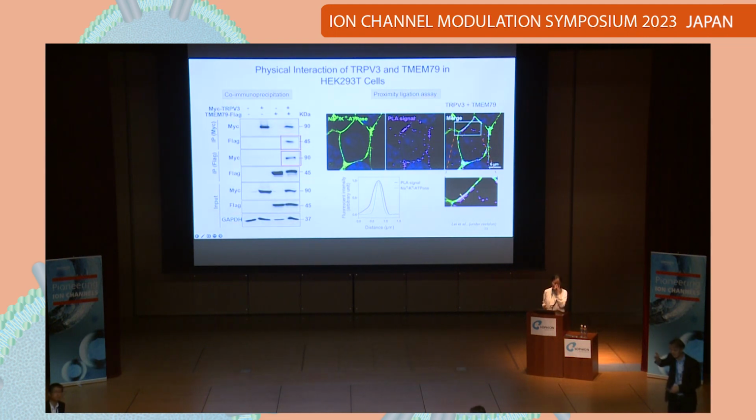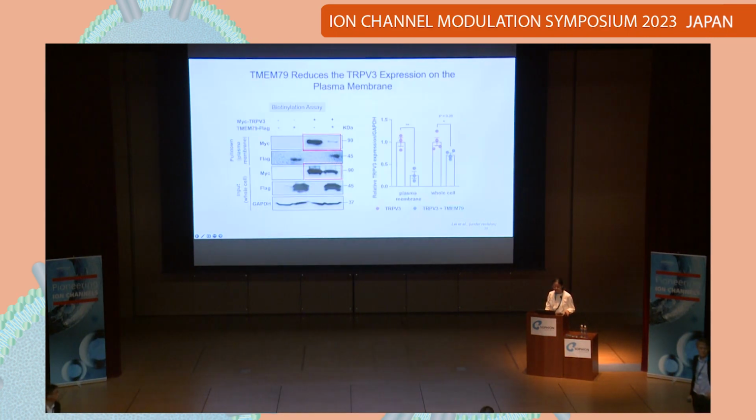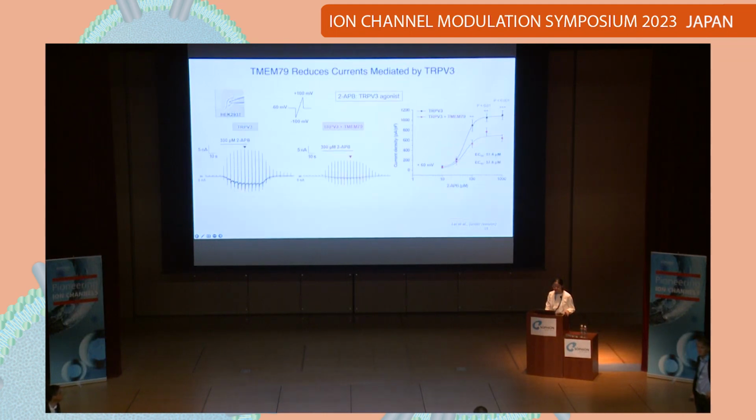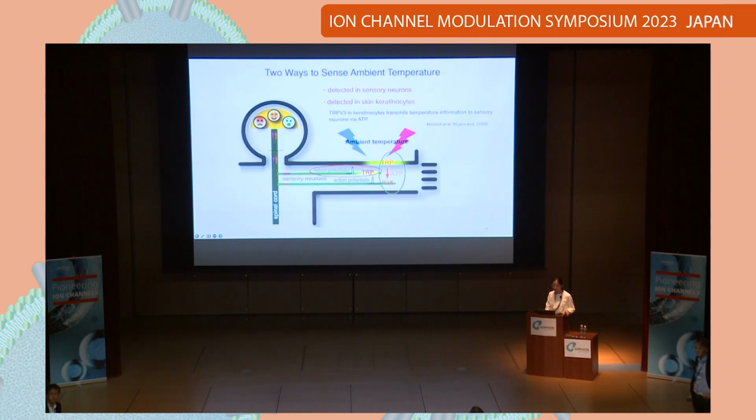Thank you very much. Kim from Korea. It's really interesting. In the first part of your talk, on the interaction between ANO1 and TRPV3, you intentionally used BAPTA in the pipette solution to limit the calcium diffusion distance, I think.